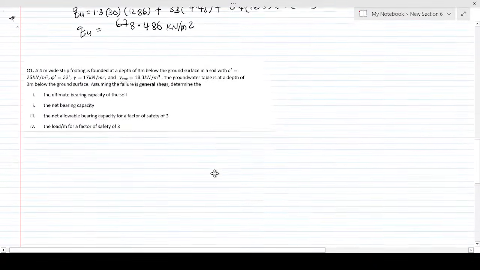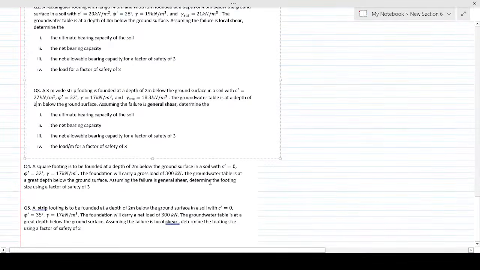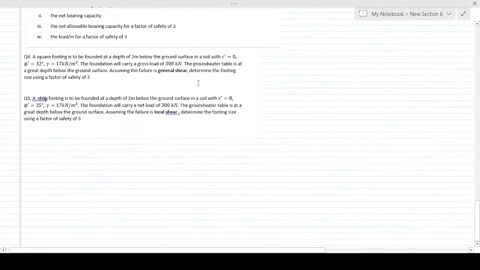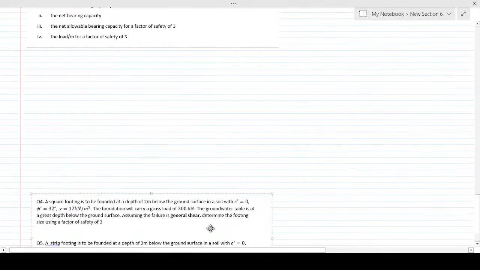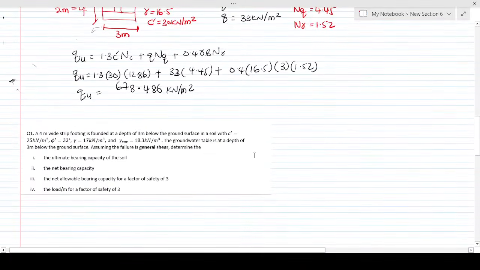Let's look at this question. So this is the whole question that has both the water table and everything together.